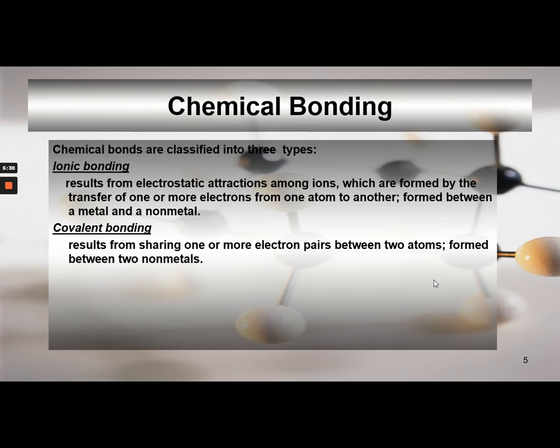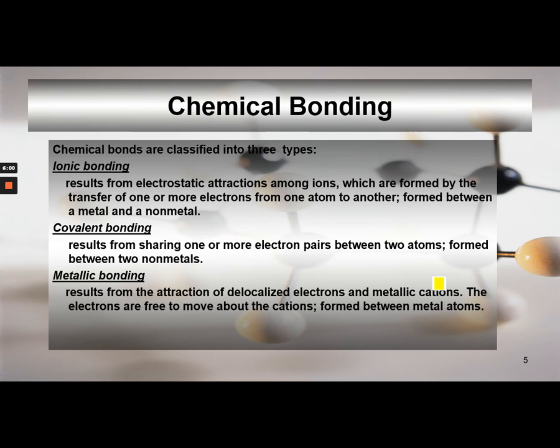Covalent bonding results from sharing of one or more electron pairs between two nonmetals. So ionic bonds form when you have the metal losing electrons and the nonmetal gaining them; now you have a cation and an anion, oppositely charged, and they are neutral when they form a bond. That's between a metal and a nonmetal. Two nonmetals will share pairs of electrons.